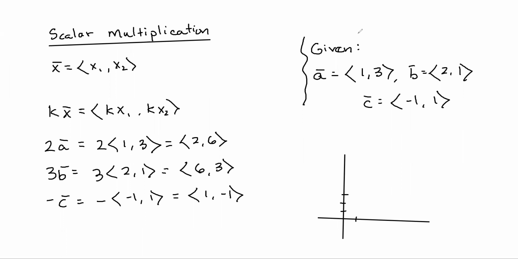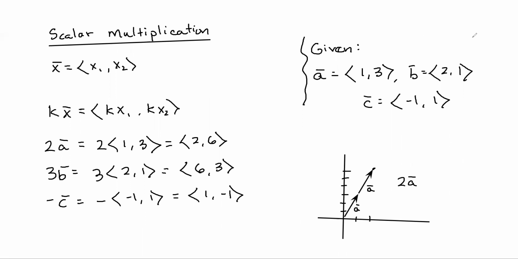So if you take there's A, and then you go through and do a second A, then you end up at this point here, which would be 2 comma 6. So 2A is going to be A and then A a second time, which is what I said earlier. Okay, so it does end up matching up that if we wanted to find 2 times A, we would just double the components. Okay, so that is scalar multiplication.